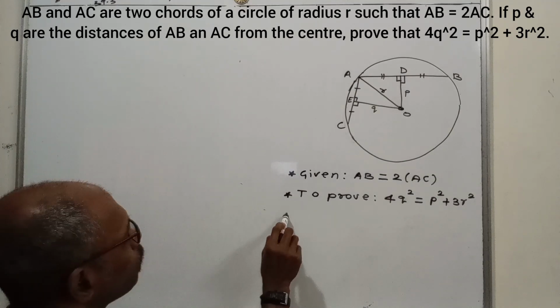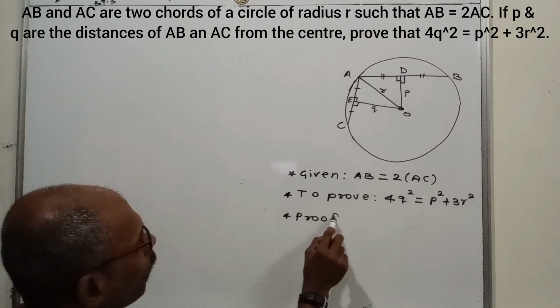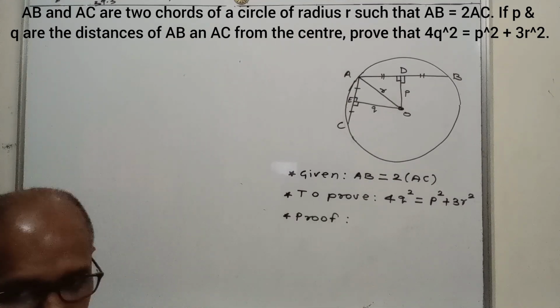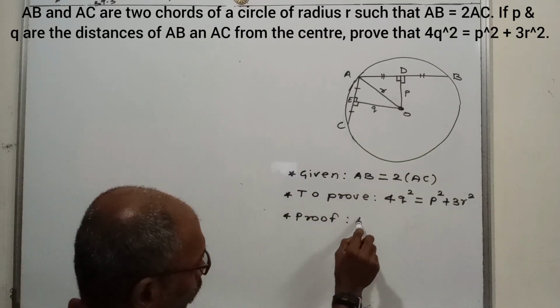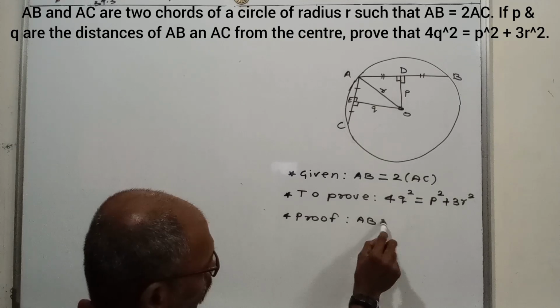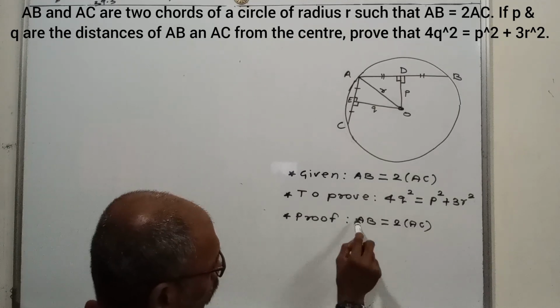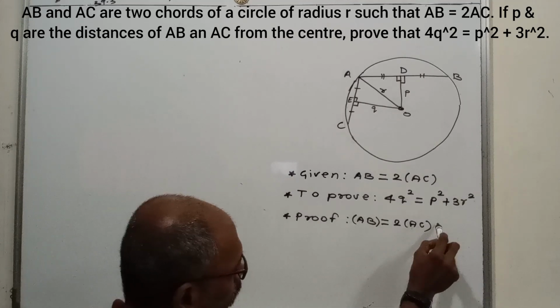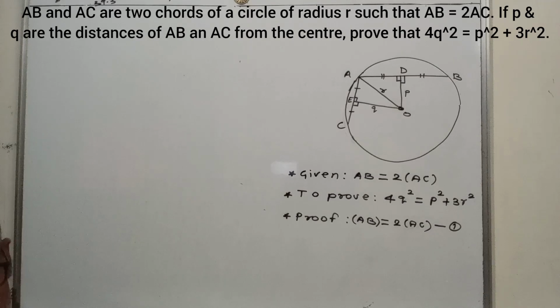Okay, then proof. We have given AB is equal to 2 into AC. This is our equation number 1.